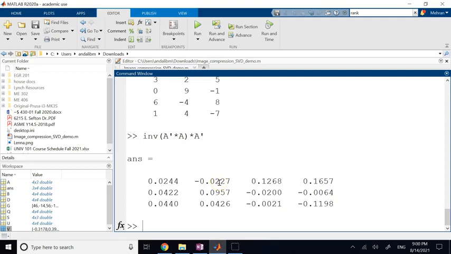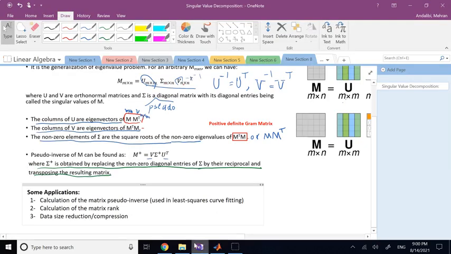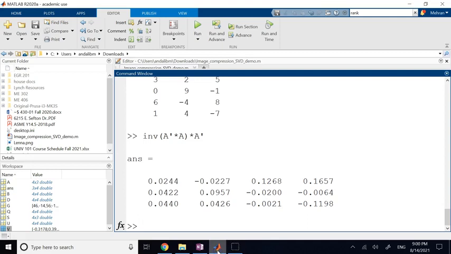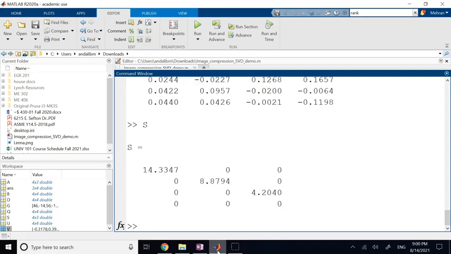Now let's apply it through the same formula that we have here. We already have V and U from the singular value decomposition, and I have sigma from that. We called it S. So what I need to form is this S plus. So S is this. Now I need to transpose it first, and then replace the diagonal entries with the reciprocals.